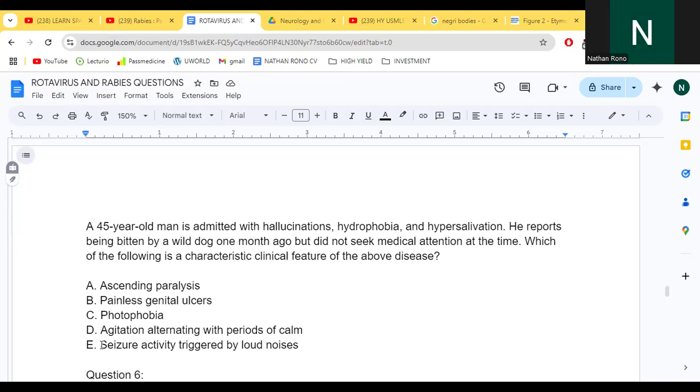A seizure is involuntary twitching. People call it convulsion.